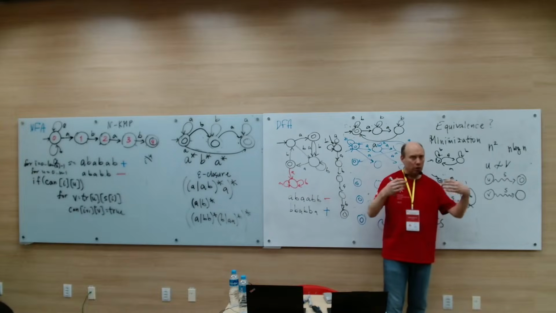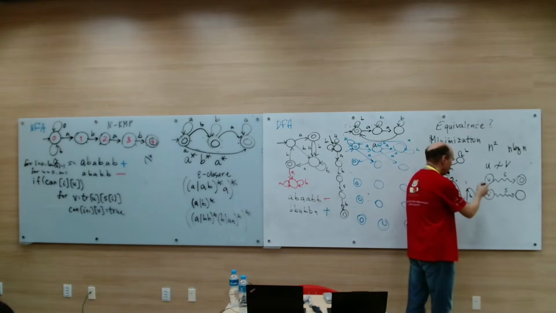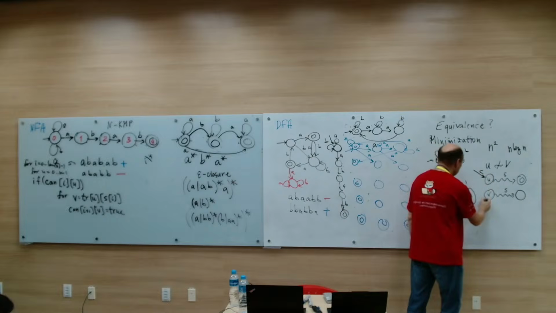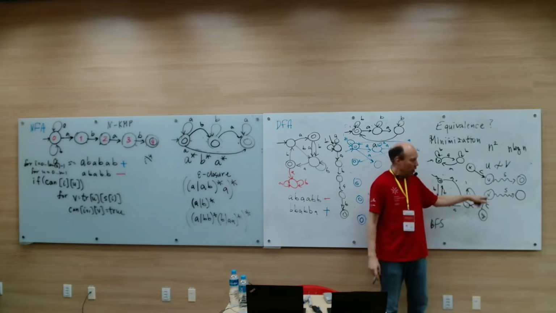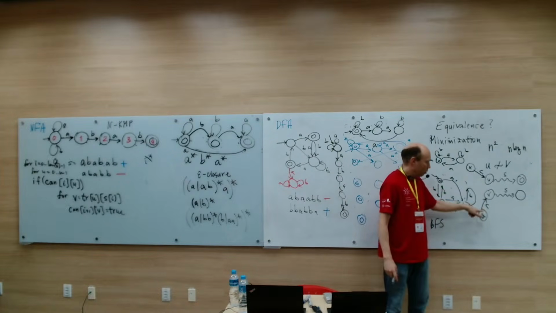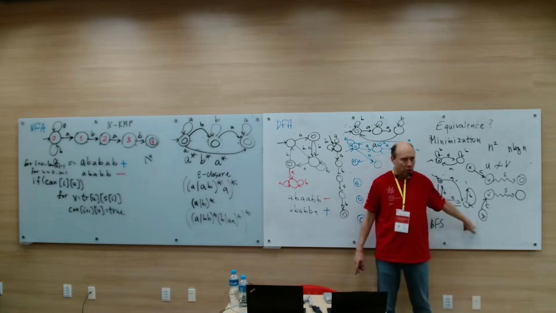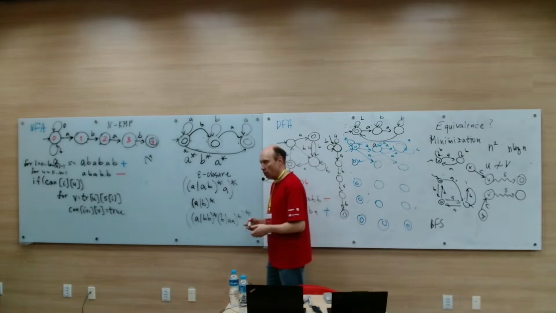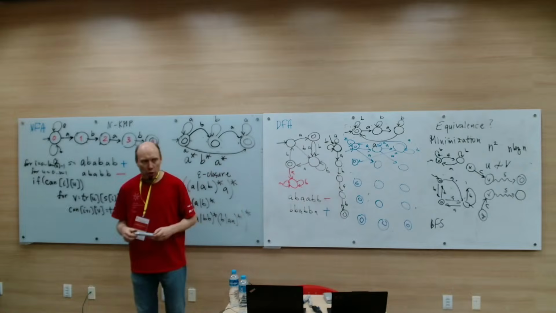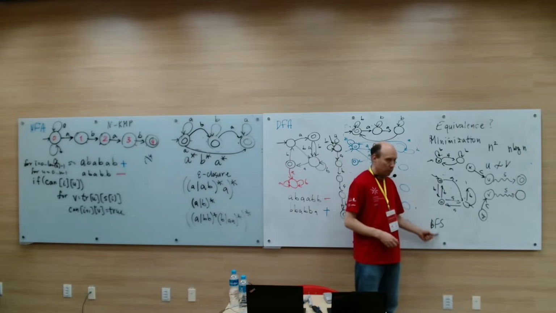Let's look for longer strings that differentiate some states. Let's iterate over all possible characters and see if we get from x to u by this character c, and from y to v by this character c, then x and y are differentiated by cs. So if we don't yet know that they're non-equivalent, we can mark them as non-equivalent and put this pair into our Q.